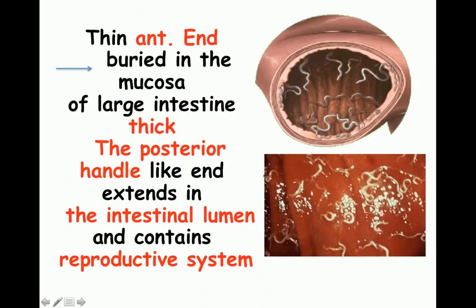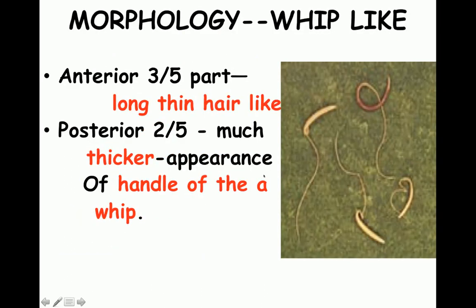Coming to its morphology, very important. Why is it called a whipworm? As I just told you, its structure is just like a whip. This is the anterior part, which is thin hair-like, and this constitutes basically the cord of the whip. And this is the posterior part, which is thicker in appearance, and it is like the handle of the whip.